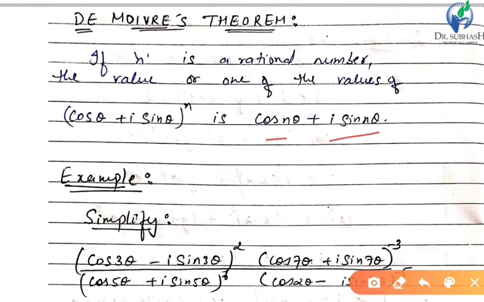We just need to remember this equation, that (cos theta plus i sin theta)^n is equal to cos n theta plus i sin n theta, where n is any rational number.